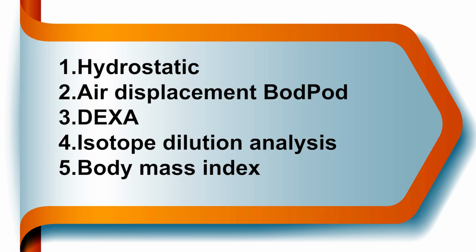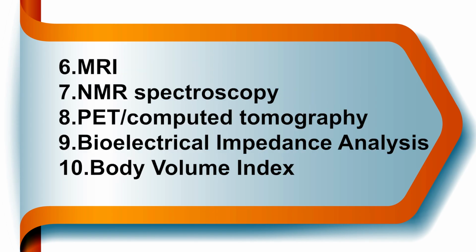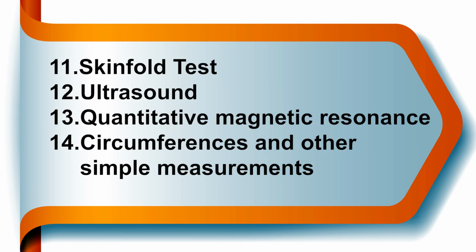So, here we find the different methods like the hydrostatic or underwater weighing, air displacement BODPOD, DEXA or dual energy X-ray absorptiometry, then isotope dilution analysis, body mass index, MRI which is magnetic resonance imaging, NMR spectroscopy, then PET computed tomography, PET or MRI, bioelectrical impedance analysis, body volume index, skin fold test, ultrasound, quantitative magnetic resonance, circumferences and other simple measurements.